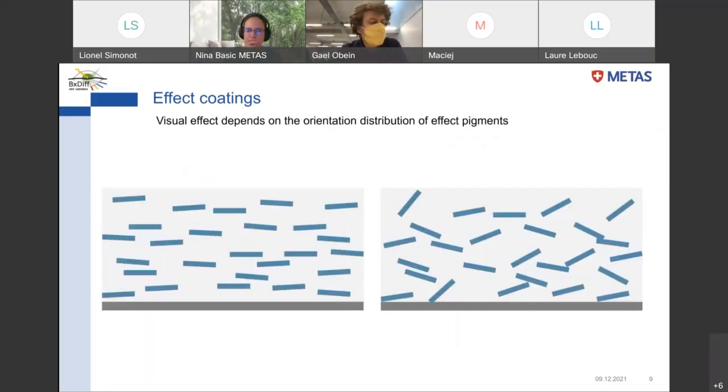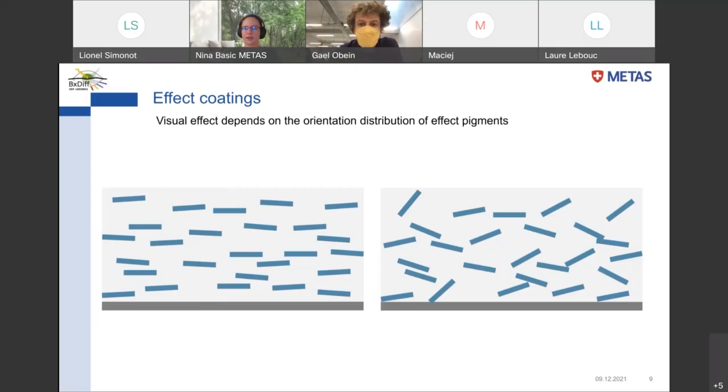Okay. Let me just tell you one last thing. So when we have this kind of coating, right now I'm just talking about the pigments more or less, but when we're talking about the whole coating, of course, it depends also what the material of the binder is, what the material of the background is, and all of these things in between that we are basically just ignoring at this moment.